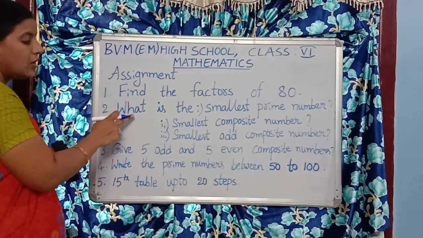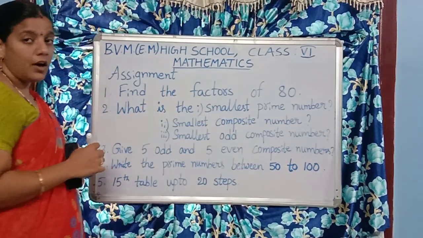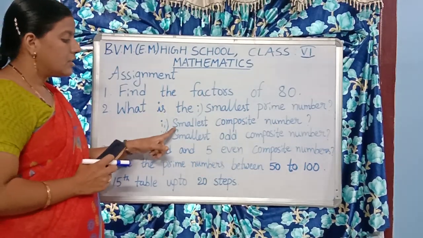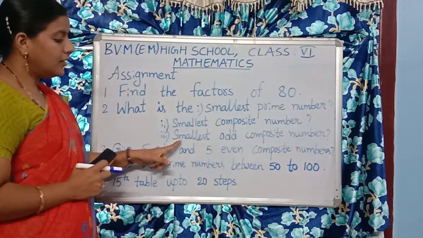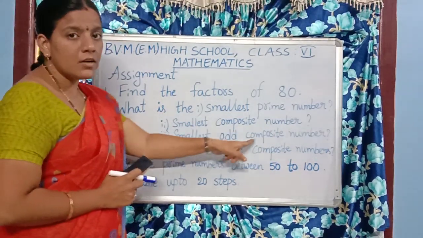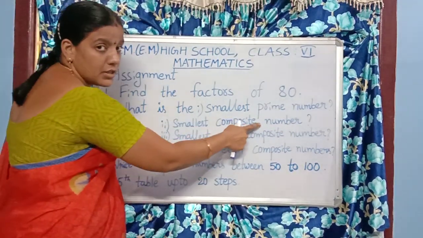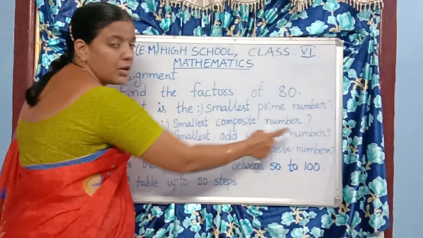Second one. What is the smallest prime number? I already told in the class. Okay, revise that. Smallest composite number. Third one. Smallest odd composite number. Look here. Here smallest composite number. And here is the smallest odd composite number.